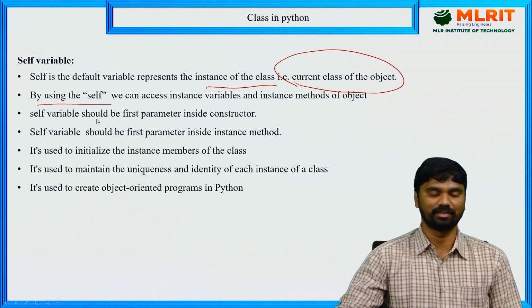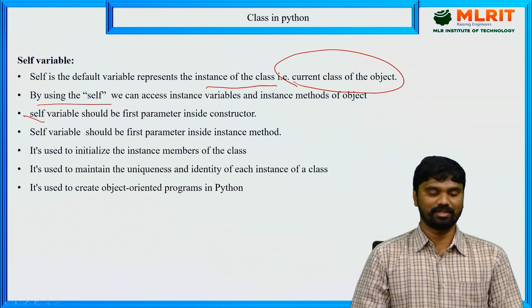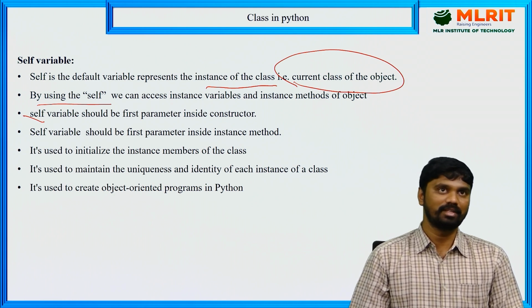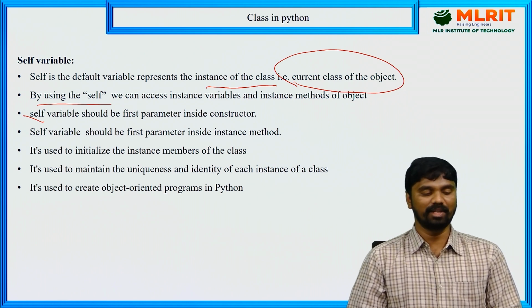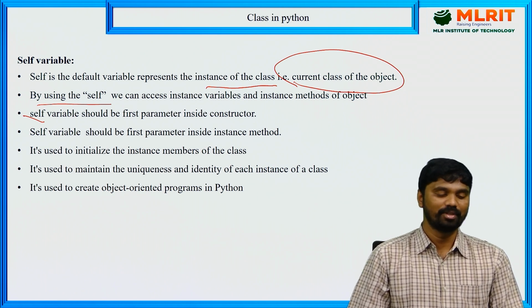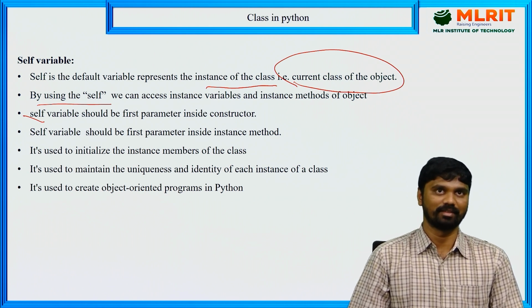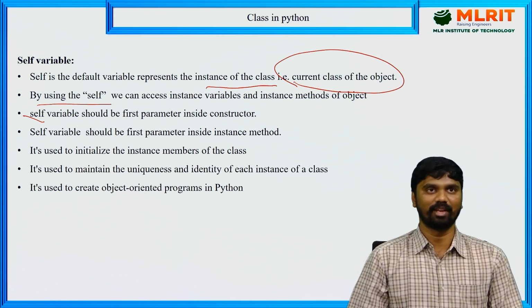Next, the self variable must be the first parameter inside the constructor. If it is not the first parameter, we will get an error. Similarly, the self variable should be the first parameter inside an instance method. Here also you have to pass self as the first argument.